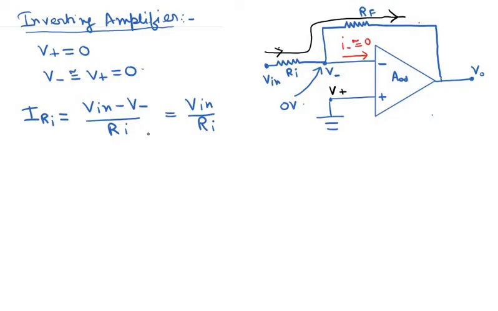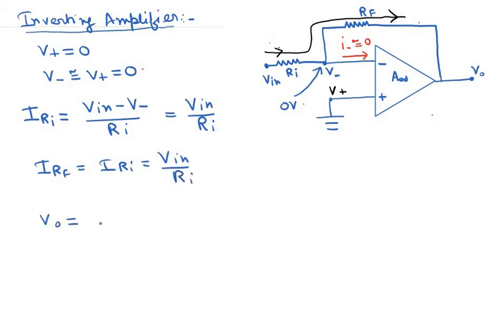As I said, since no current can flow into the op-amp, all the current flowing through Ri must flow through Rf. So I Rf is equal to I Ri, equal to Vin divided by Ri.